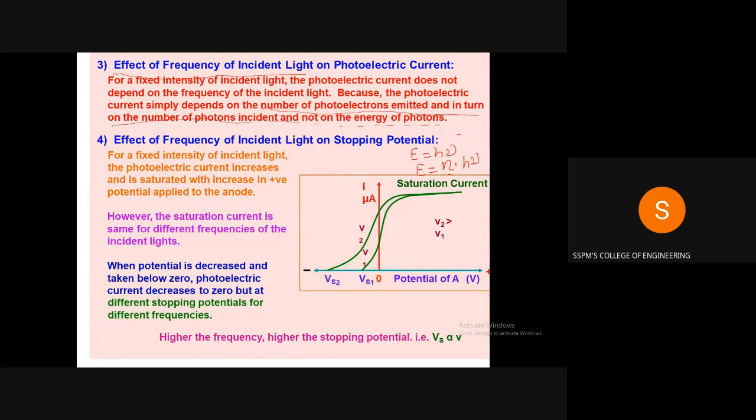Then, what is the effect of frequency of incident light on stopping potential? For a fixed intensity of incident light, photoelectric current increases and is saturated with increase in positive potential applied to the anode. However, the saturation current is same for different frequency.